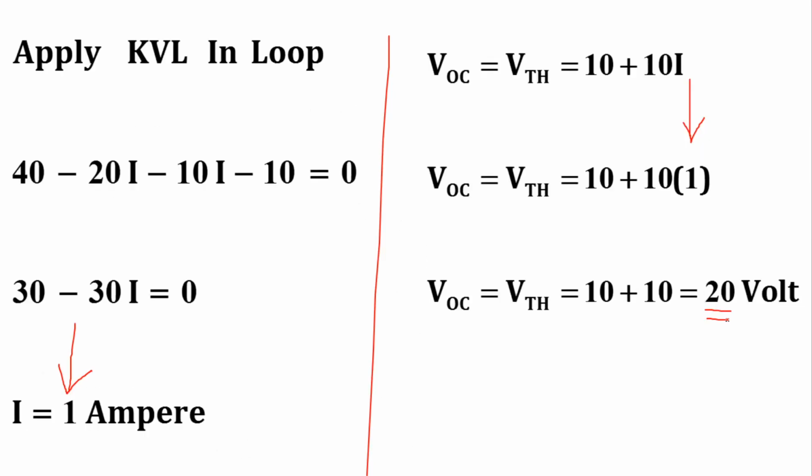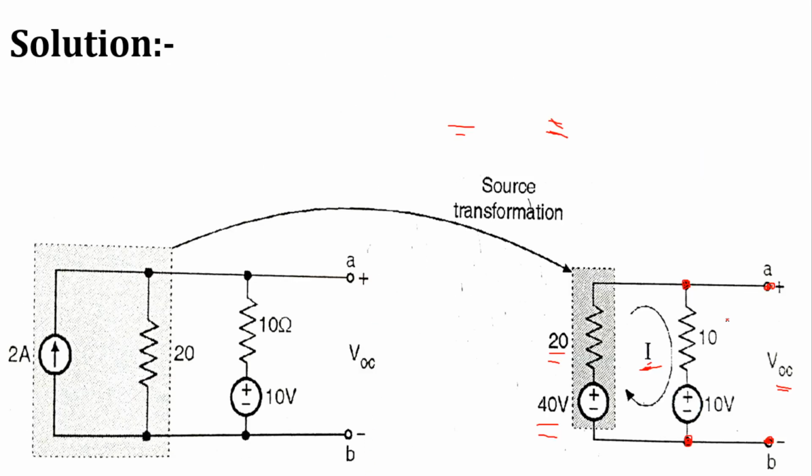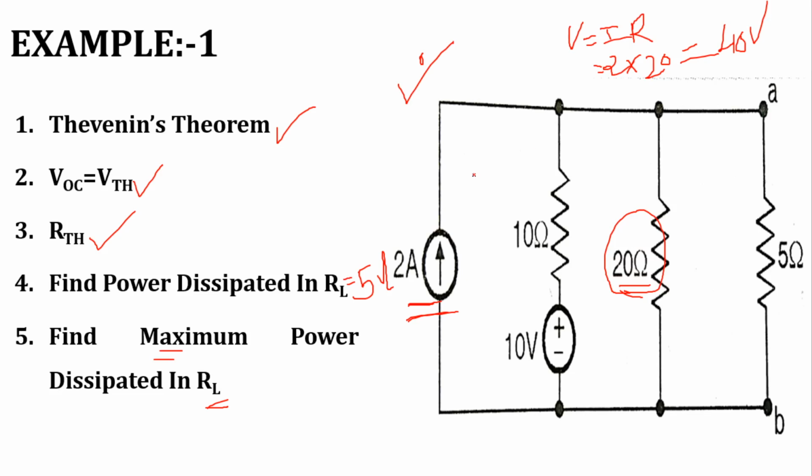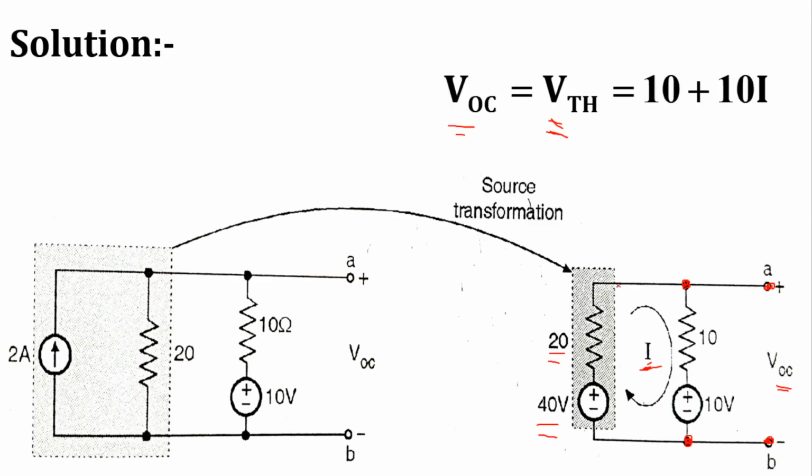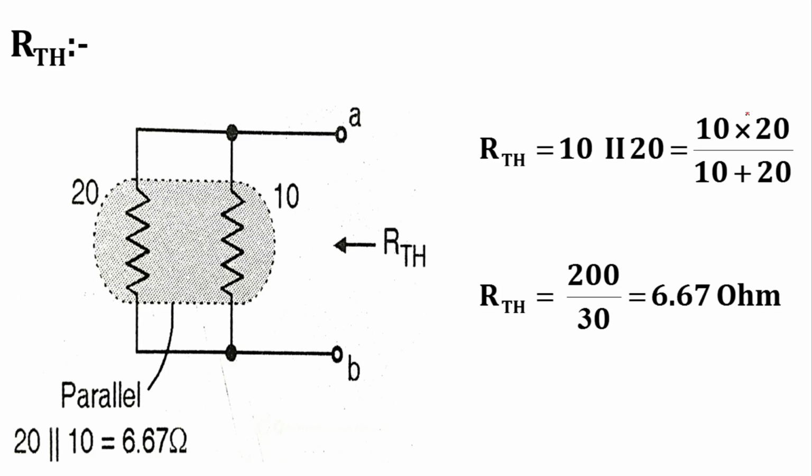Now it's time to find the value of RTH. Over here, this current source becomes open circuit, and this 10 volt source becomes short circuit. So for RTH, this 10 ohm and 20 ohm become parallel, and RTH is nothing but the parallel combination of these two resistances.